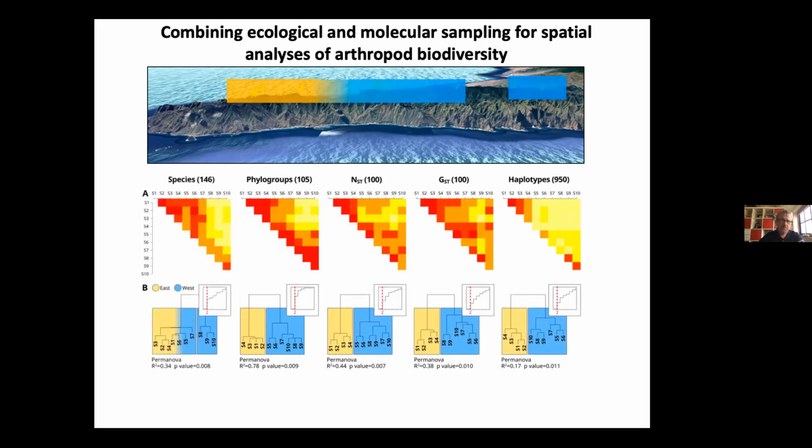Where we don't see this pattern emerging is when we look at the level of species themselves. We don't find that those two regions are more internally similar to each other due to their species compositions, which tells us the patterns that we're seeing here, although striking, are probably fairly recent in origin, as they haven't given rise to a species level signature for this regional differentiation.